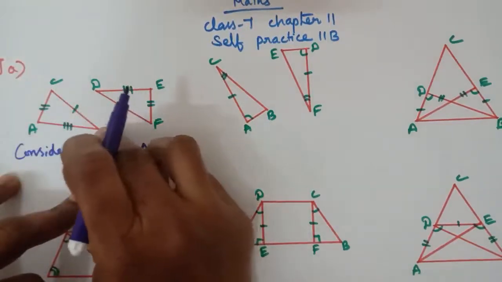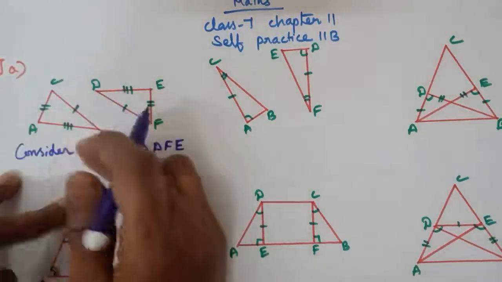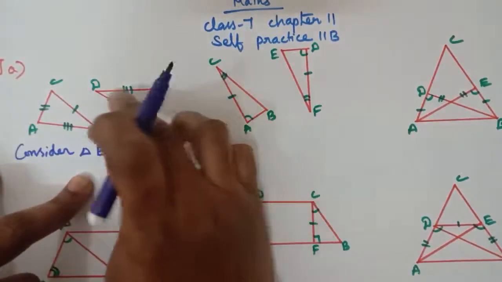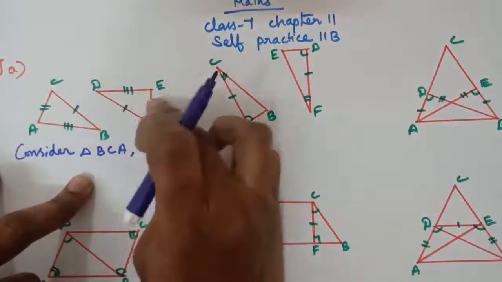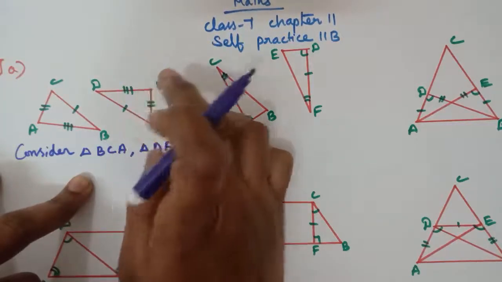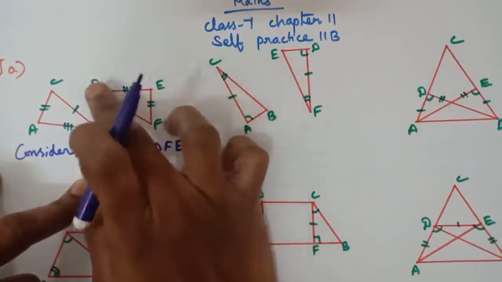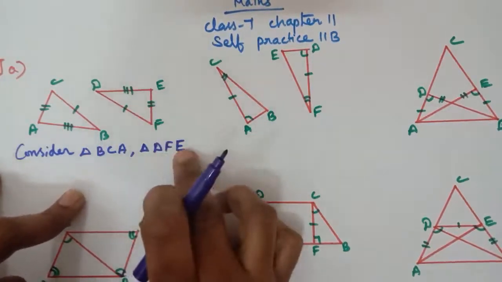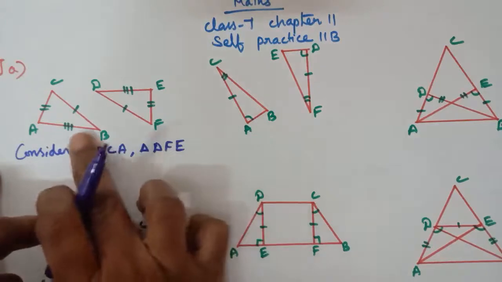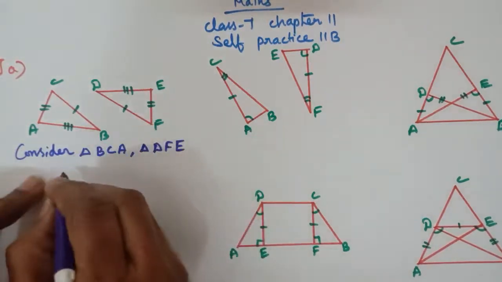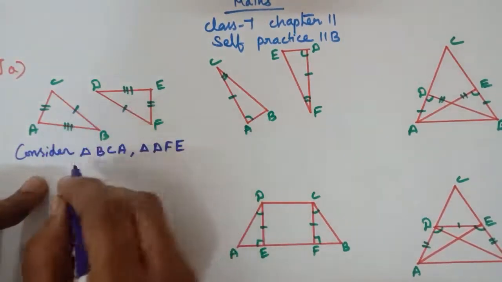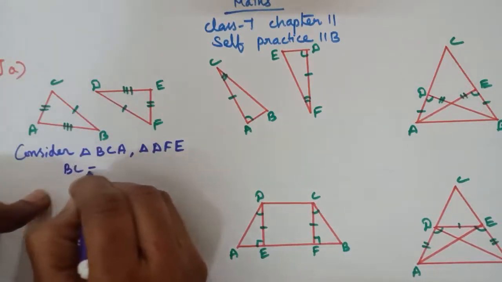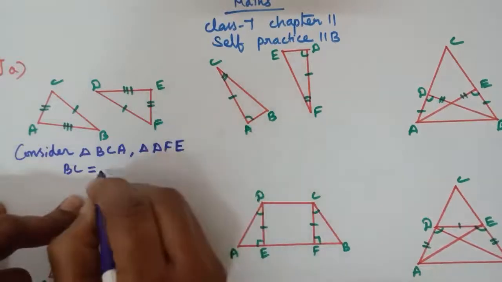So we can say triangle BCA and triangle DFE. First side, second side, third side. From the given triangles, we can write: BC is equal to DF.